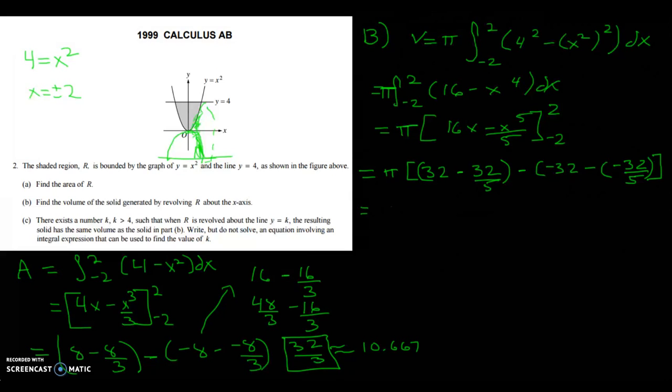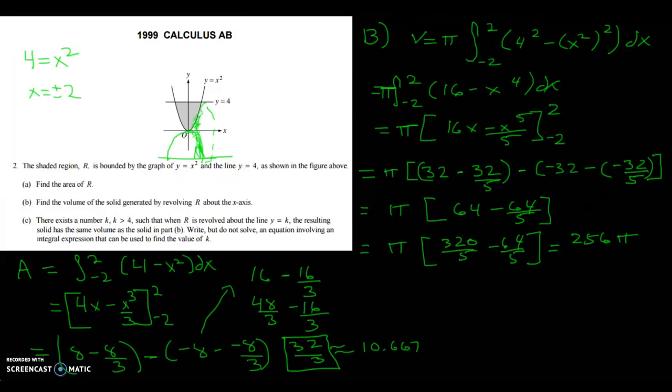Now we're going to get pi times (64 minus 64 fifths), which is going to equal pi times (320 fifths minus 64 fifths). So our answer is going to be 320 minus 64, 256 pi over 5. Or you could say approximately 160.850.